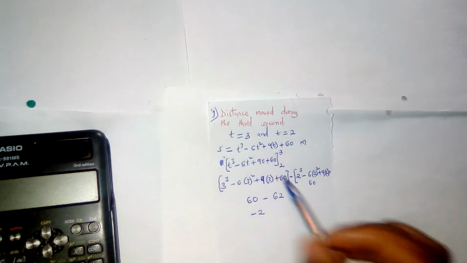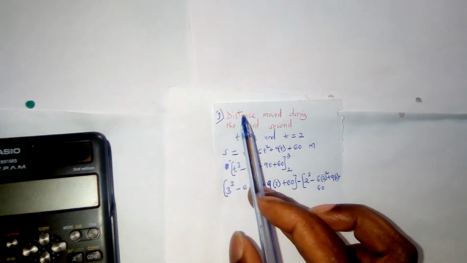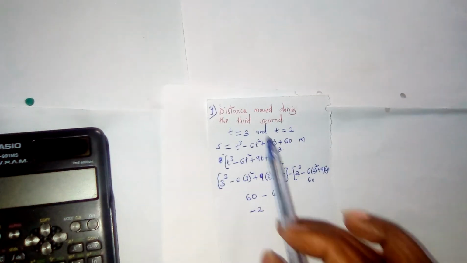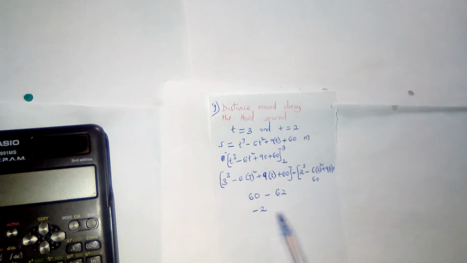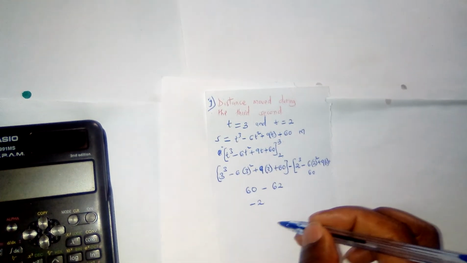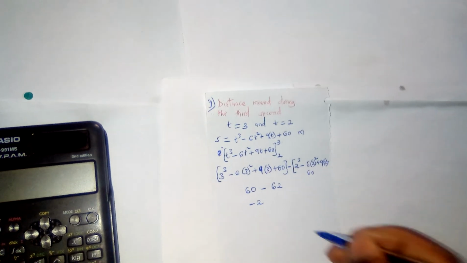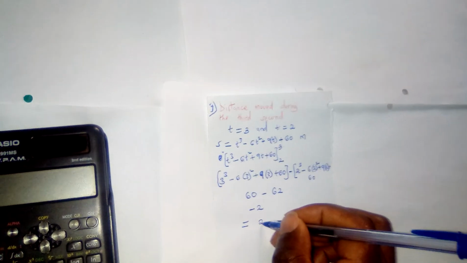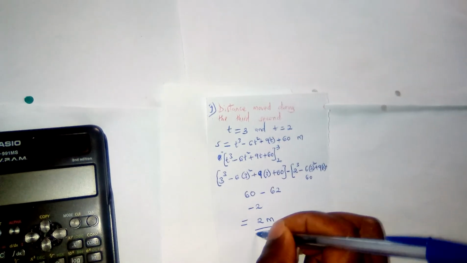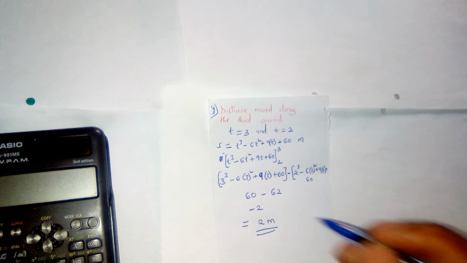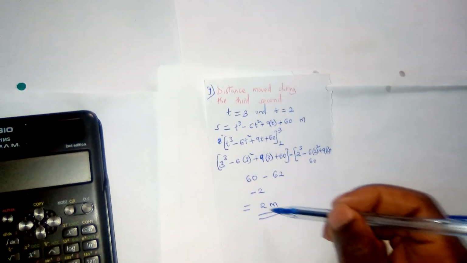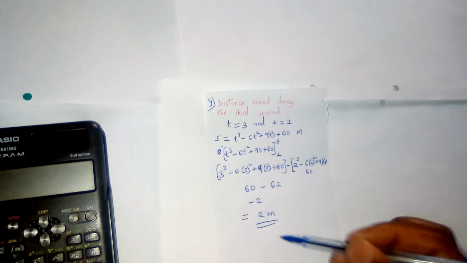Now remember, we were concentrating on getting the distance. When you get a negative, you don't just leave the answer there. You are supposed to ignore the negative, and you now say the final answer is 2 meters. If you leave it there, you will be missing 1 mark. So you end up here by saying it is 2 meters.